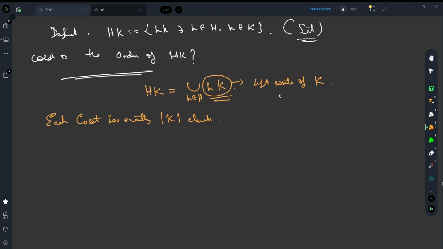How can we do that? Suppose I have two elements h1 and h2 from capital H, such that h1K is equal to h2K.